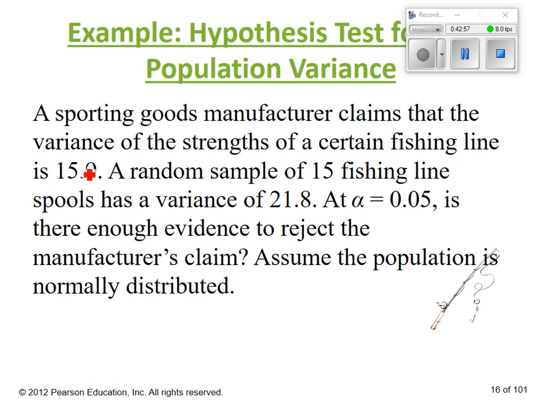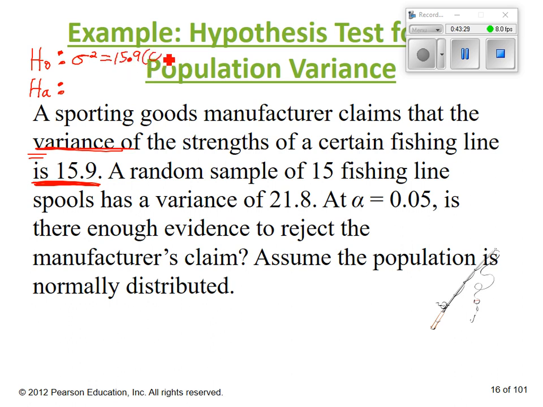So again, we do our H0, our HA. The claim is the variance of the strengths of the fishing line is 15.9. Well, "is" tells us equals, and it's variance, so that's going to be sigma squared equals 15.9.